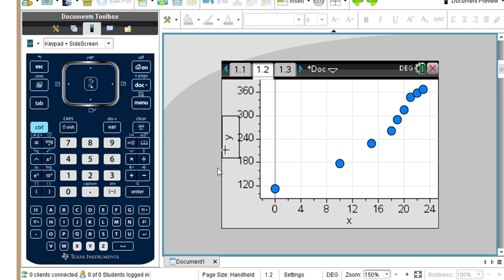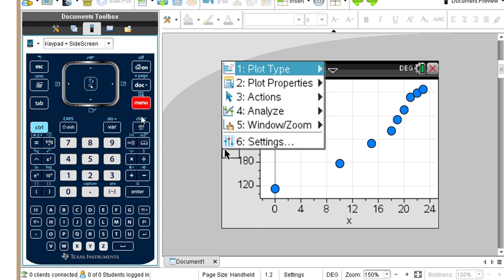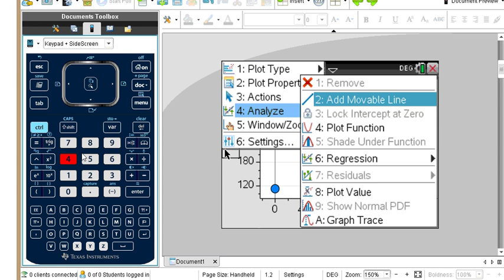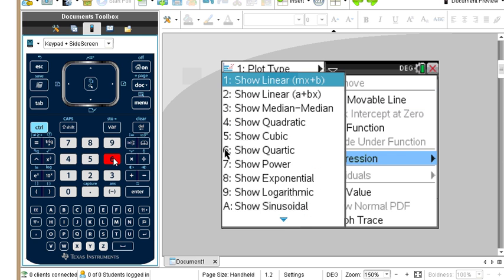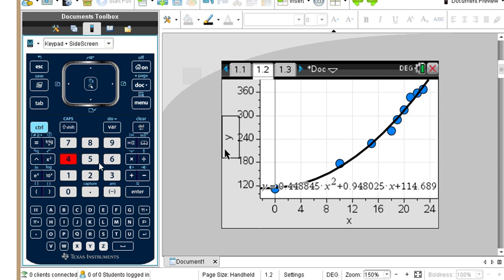It says using a quadratic regression. For quadratic regression, we go to Menu, Analyze, 6, Regression, and then 4, Show Quadratic. And we have our function here that models as a quadratic regression. We're going to trace along this curve.